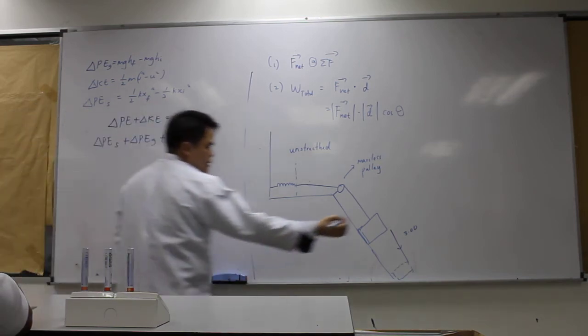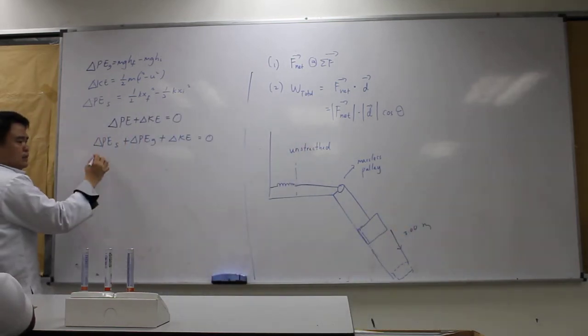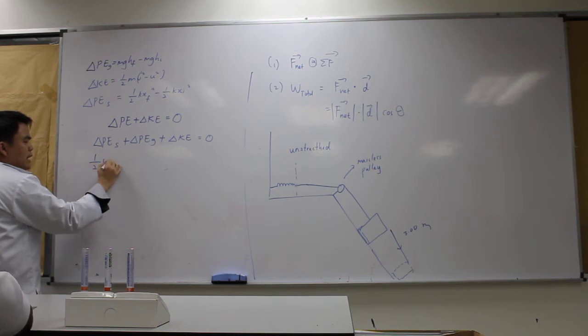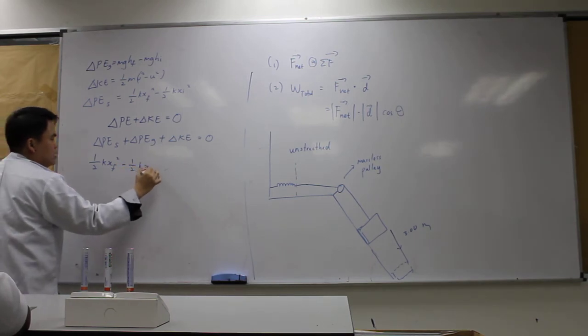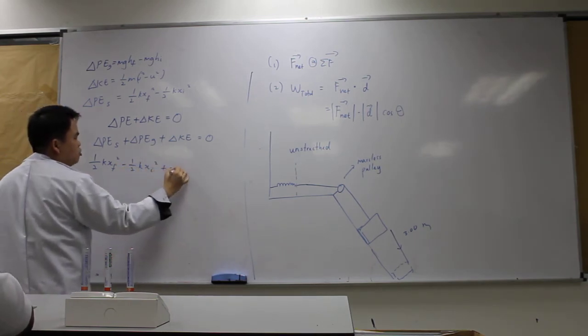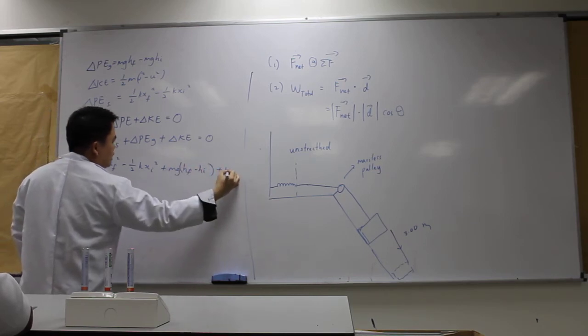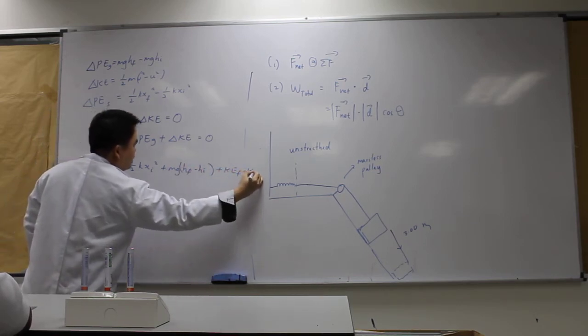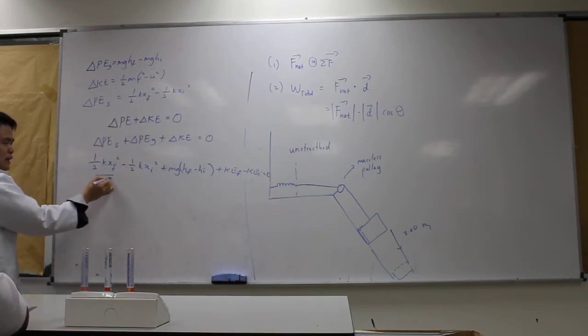So with that, delta PE S is half k x final squared minus half k x initial squared, plus mg h final minus h initial, plus KE final minus KE initial equals 0.